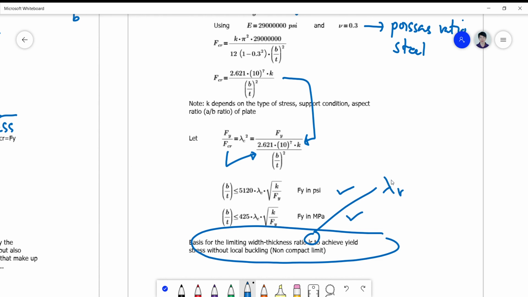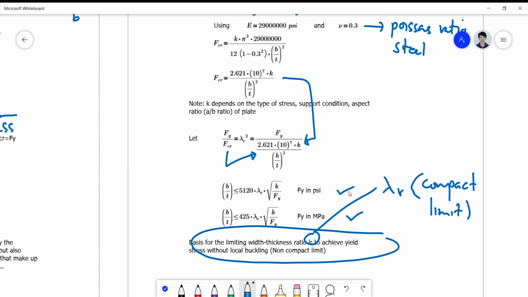So if you hear the compact and non-compact section now, this is what we are deriving at in this video lecture. Okay, thank you very much.